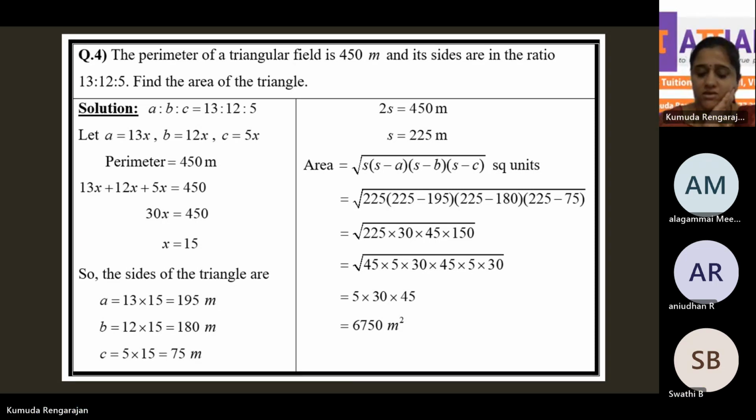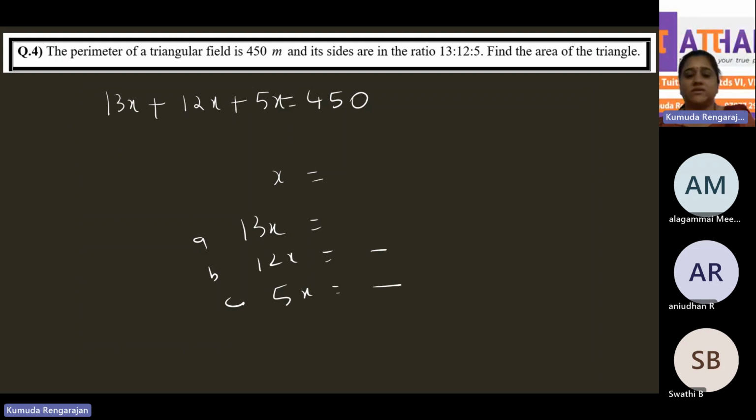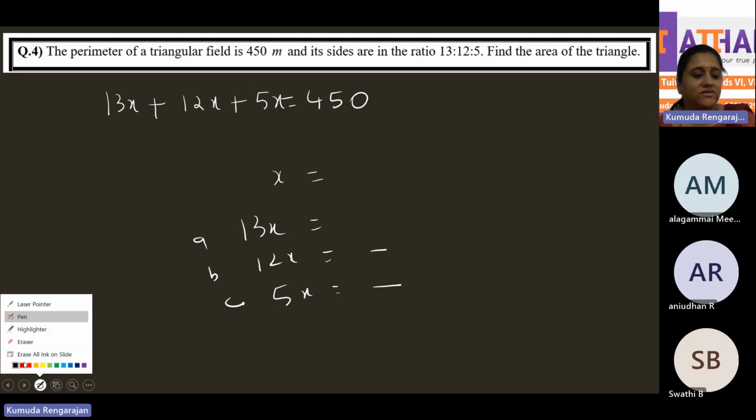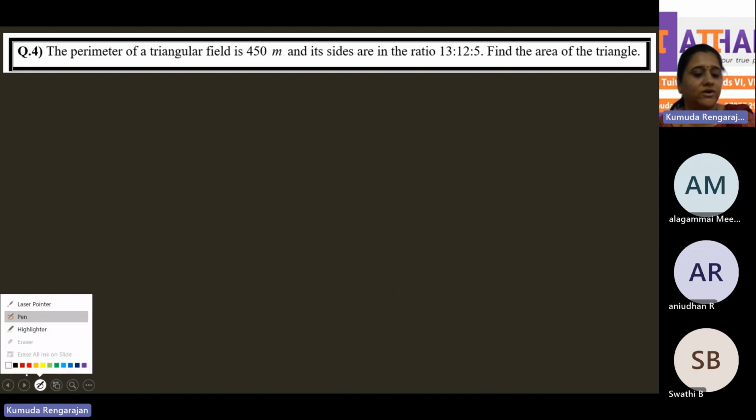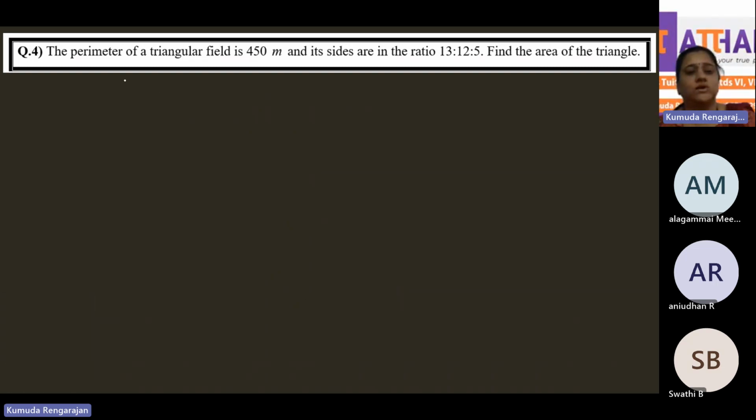Yes, ma'am. Okay, so you can also find the sides like this because your middle school teacher might have taught you in different ways, no? When you have a ratio, you can also do it like this. A is equal to B is equal to C is equal to. 13 plus 12 plus 5 is 30, correct?